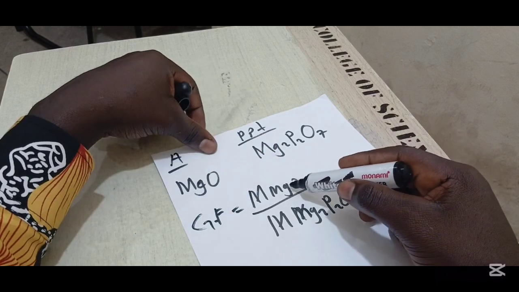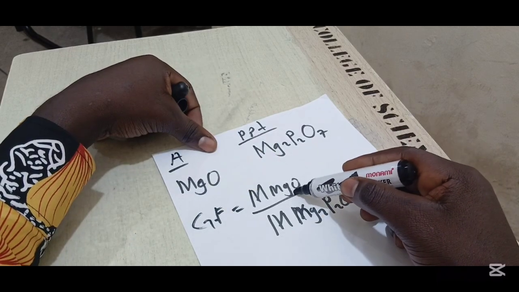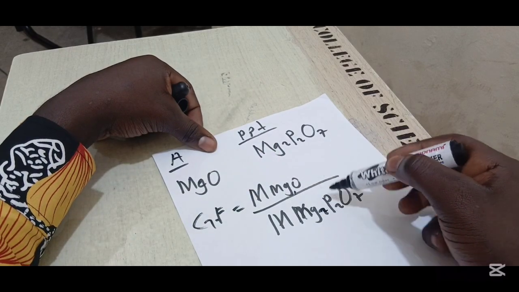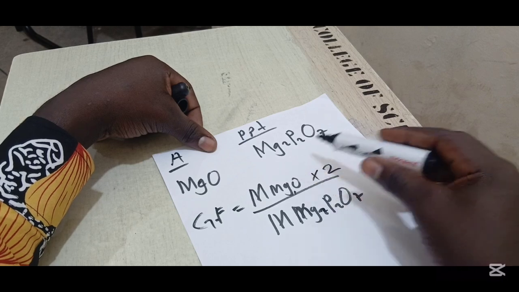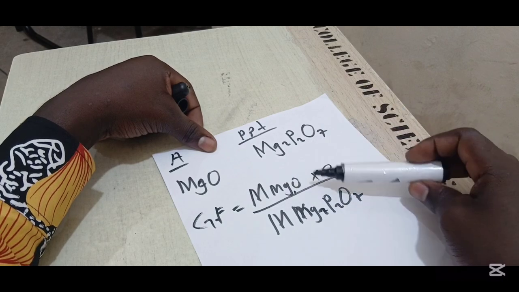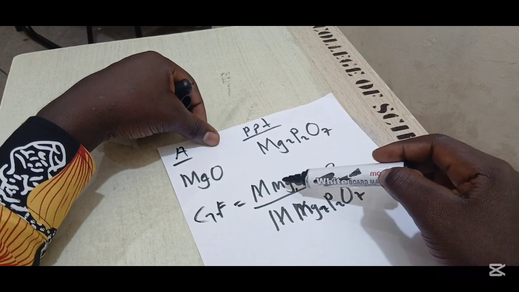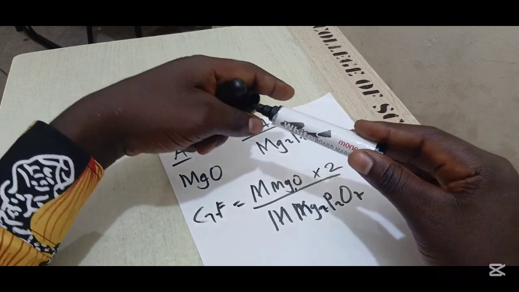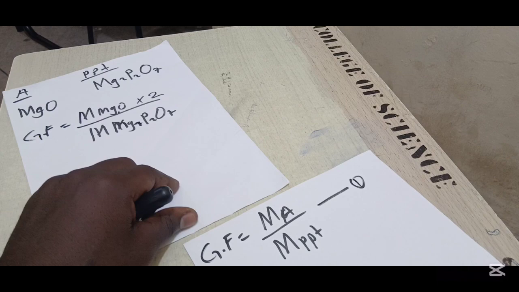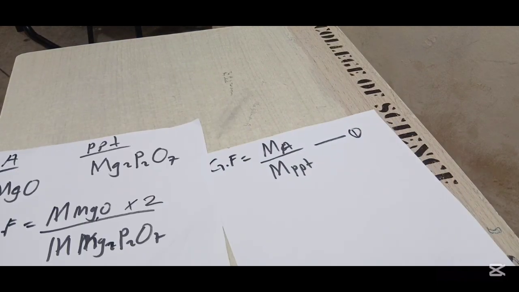Here we have our Mg to be 1, subscript 1, and here to be 2. So we just have to multiply this by 2, so that at the end of the day we have 2 of Mg at the top and 2 of Mg at the bottom. So we are basing on our metal, our substance that will provide the cationic part. So far that's one formula you need to know, and let's proceed.